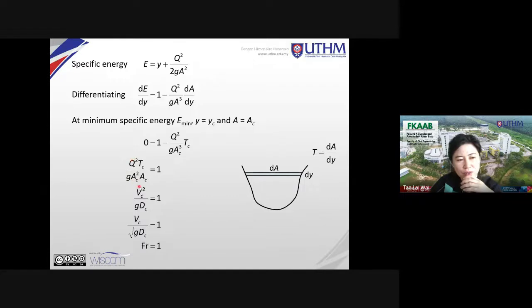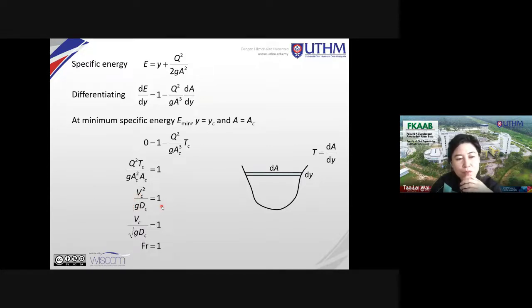Q squared over A squared is V squared here. You know that D is equal to A over T, right? So this is the inverse of D. So I have the inverse of D here. So this actually is simplified to V squared over gD equals to 1.